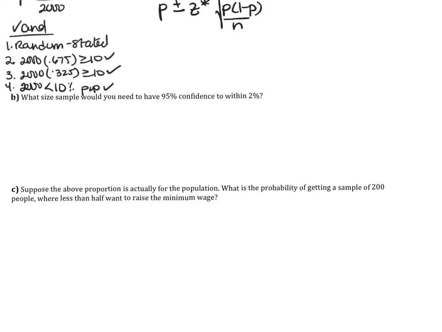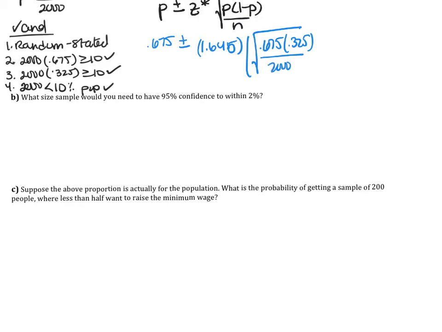Okay, so my p is 0.675, plus or minus that z star we've calculated before, or you can memorize it, is 1.645. The standard deviation is the square root of 0.675 times 0.325 over n, which is, in this case, 2,000. And you should get out 0.6578 and 0.6922.